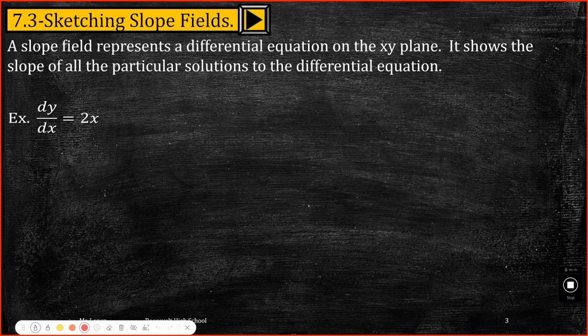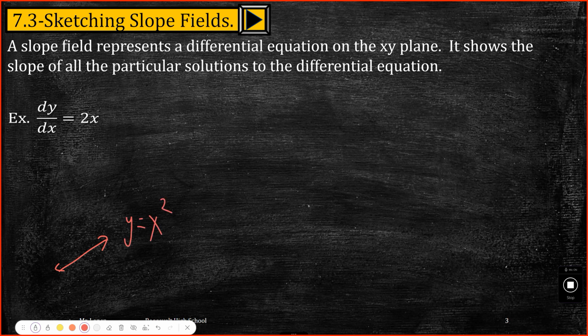So dy/dx is 2x, is linear, no? It's a line. And it was the derivative of what? Of some quadratic, no? And when we had, say, y equals x squared, we took the derivative.